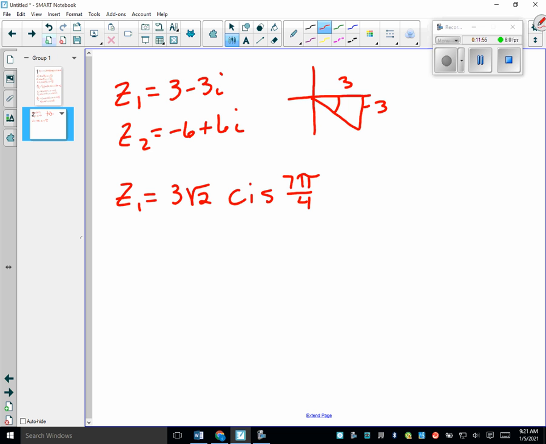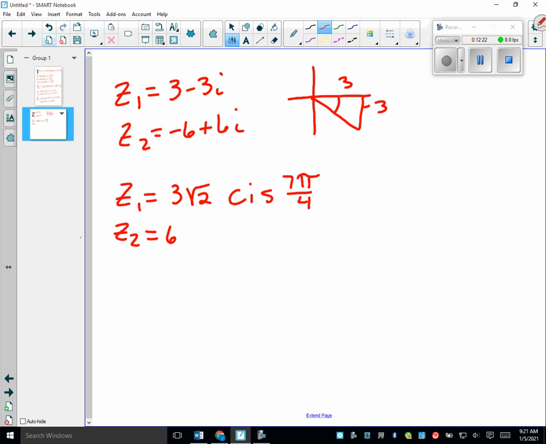It's not the 3 radical 2, it's the point itself. Okay. Now, for my second one, what is r? Six radical 2?